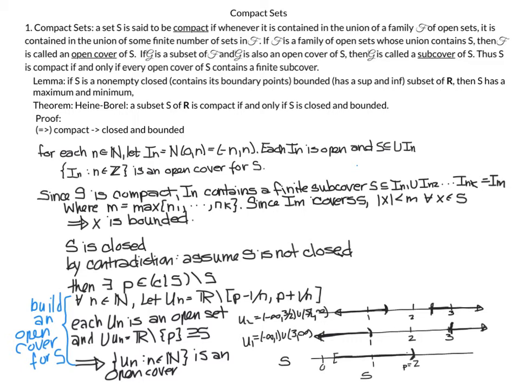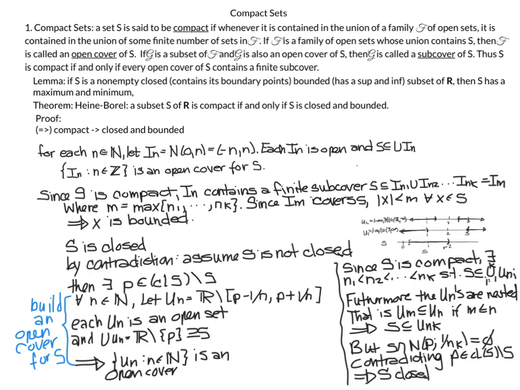You can see each UN is an open set, and as each UN gets closer to 2 but never reaches 2, you can see that the union of the UN is equal to the real numbers minus P, and that is a superset of S. So you can see that UN is an open cover for S. Since S is compact from our starting hypothesis or assumption, then that means there must be a finite set of UN that also covers S. In other words, S has a finite covering set.